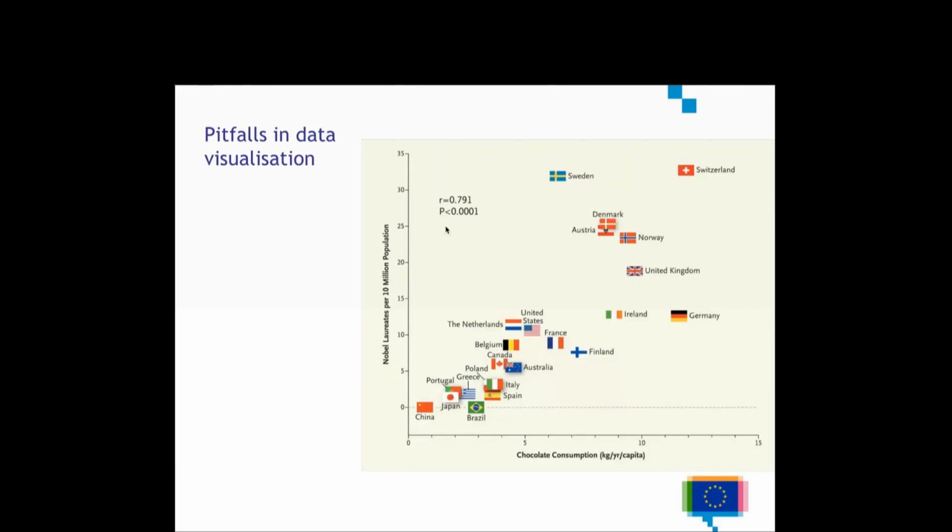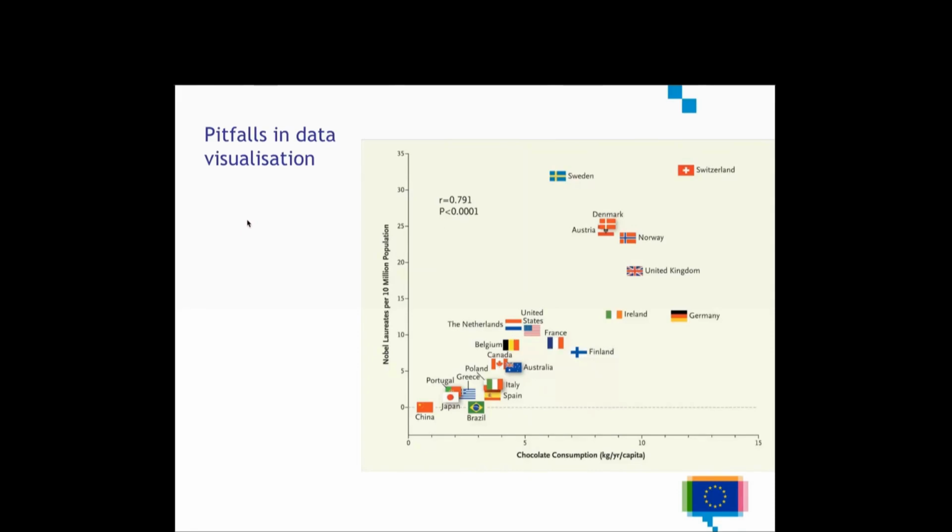What's happening here is that there is a third variable, namely economic development, that is steering those two variables. So whenever countries get richer, people have more money to buy luxury goods like chocolate, and countries also have more money to invest in education, which then will lead to winning more Nobel Prizes. So you can see that the countries on the top right are the countries that are typically the ones leading the rankings in economic development.